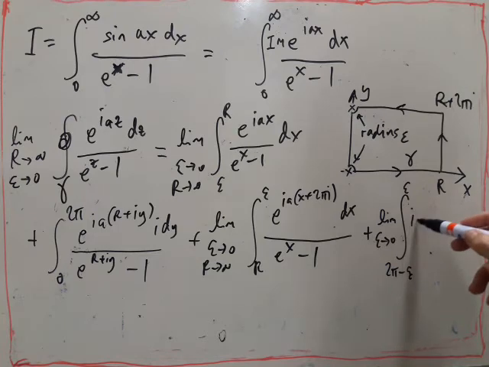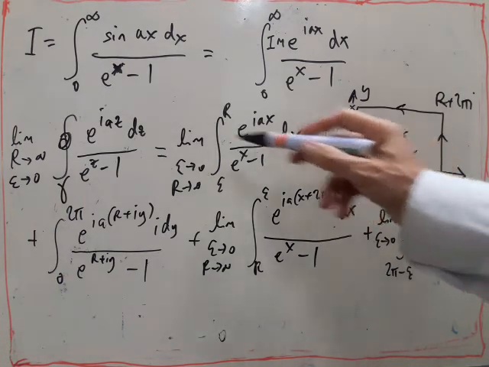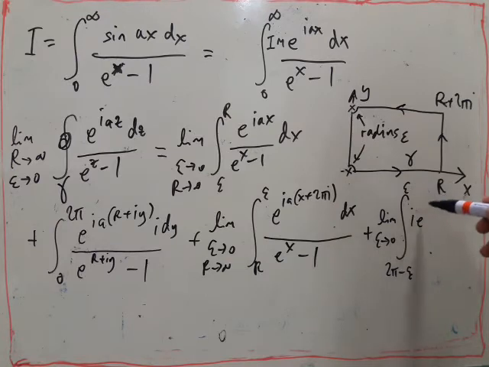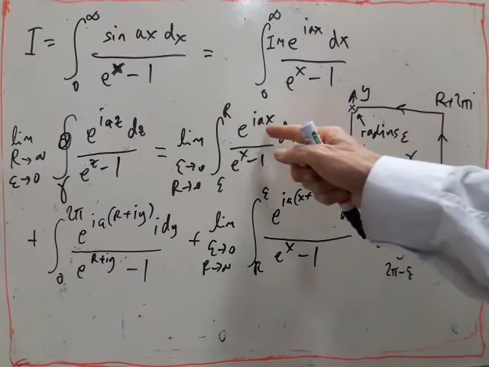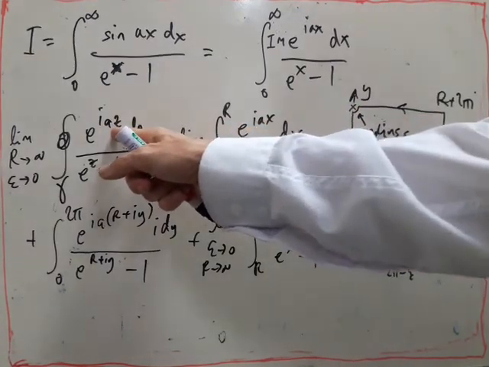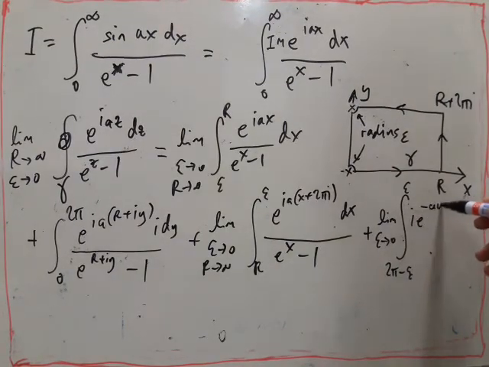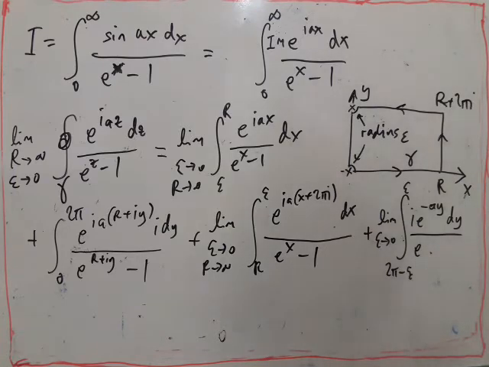So it's i times dz turned into i dy, so I get an i, e to the i a z, which turns into i a y, so I get minus a y, dy divided by e to the z, which turns into e to the iy, minus 1.